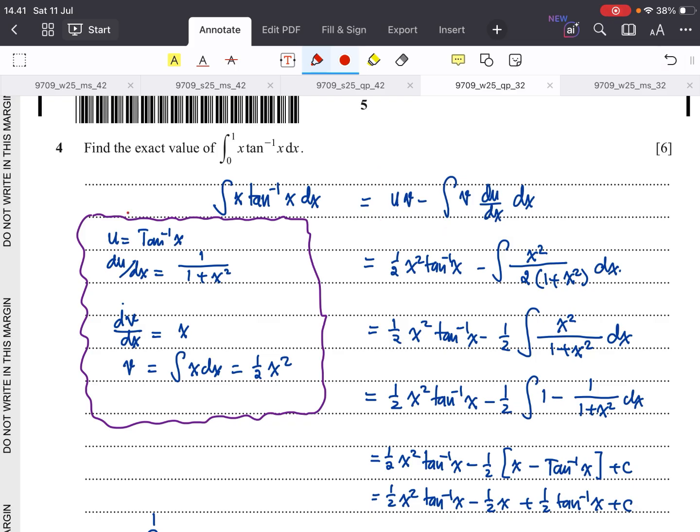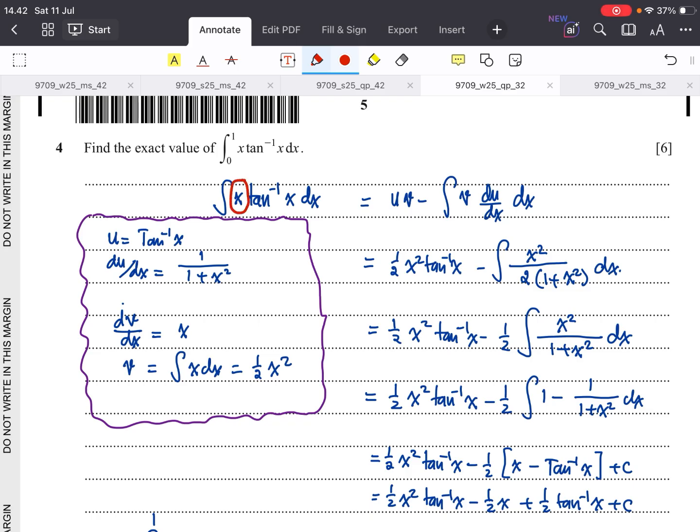So u is tan inverse x, and then du over dx is 1 over 1 plus x squared. If you forget this formula, you can check in the list of formulae, MF19, given during the exam.